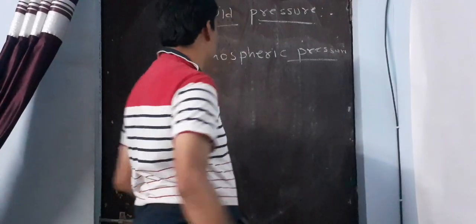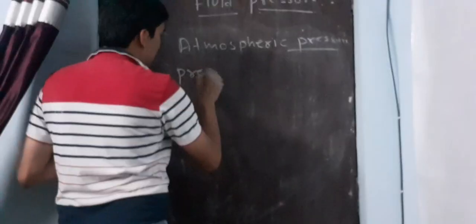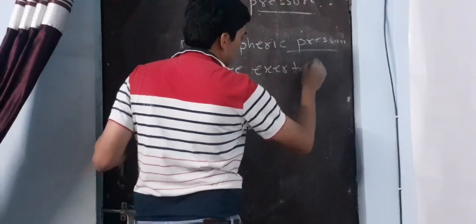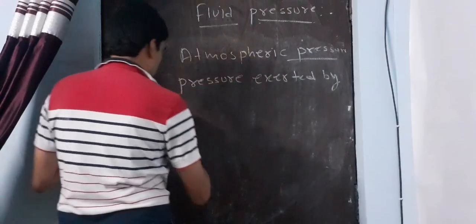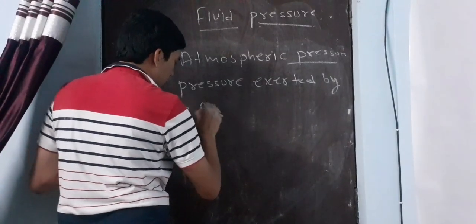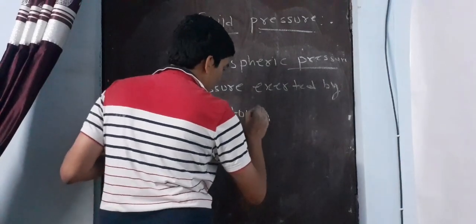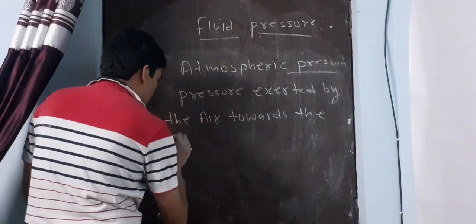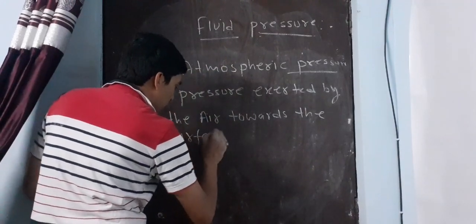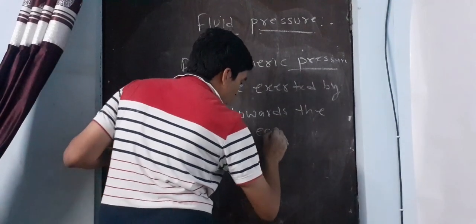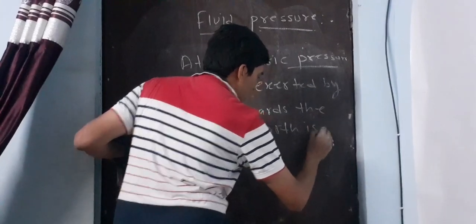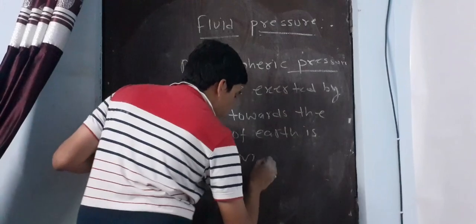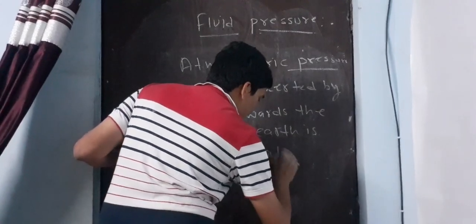So what is atmospheric pressure? The pressure exerted by the air towards the surface of Earth is termed as atmospheric pressure.